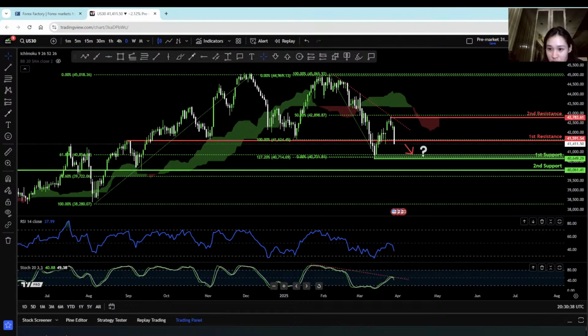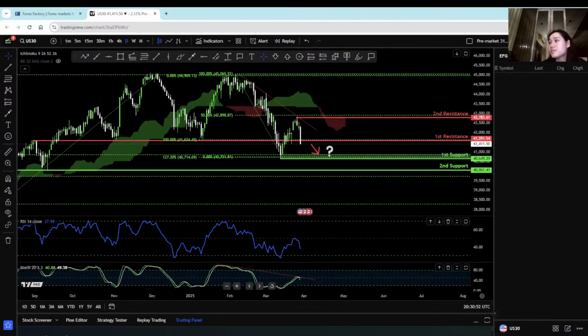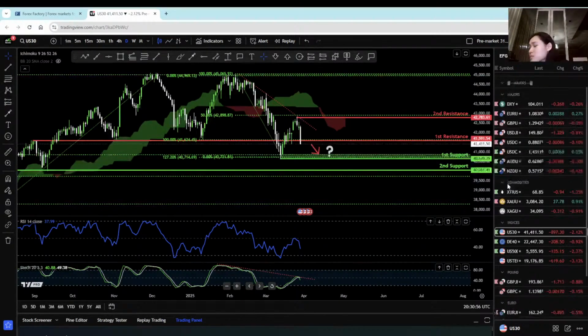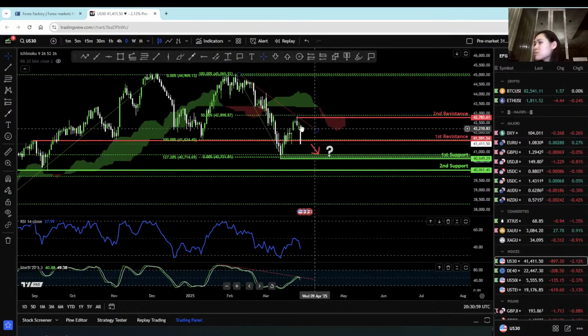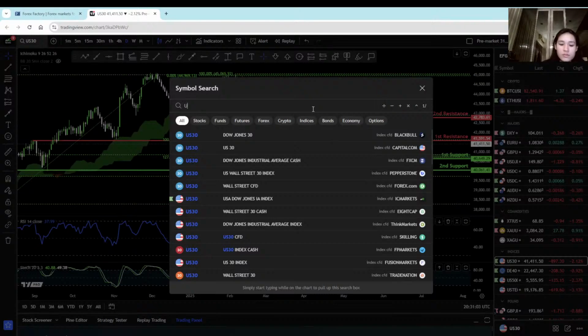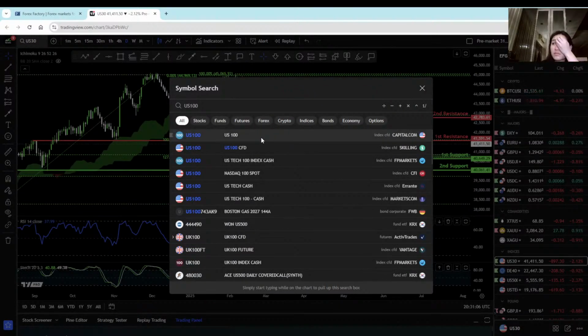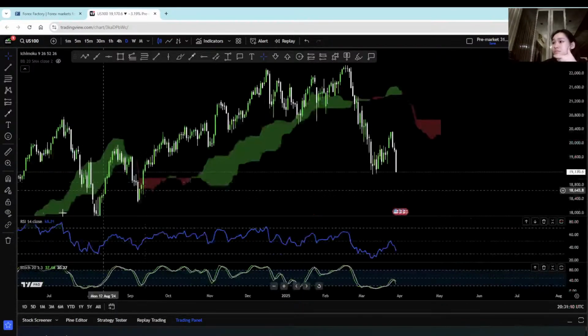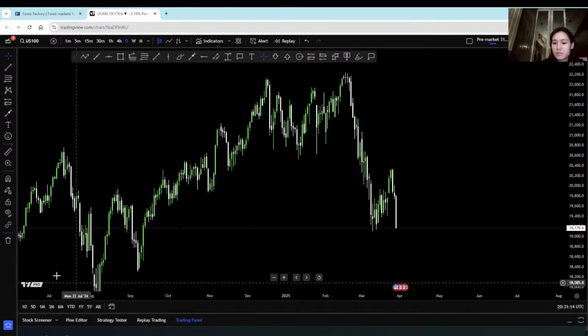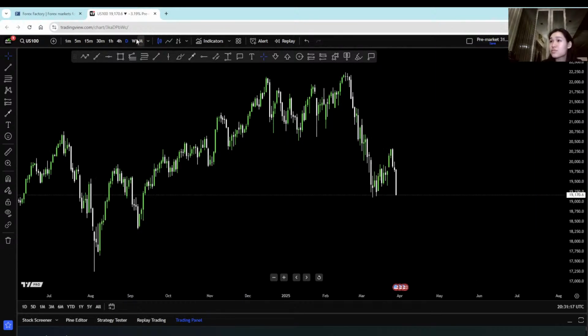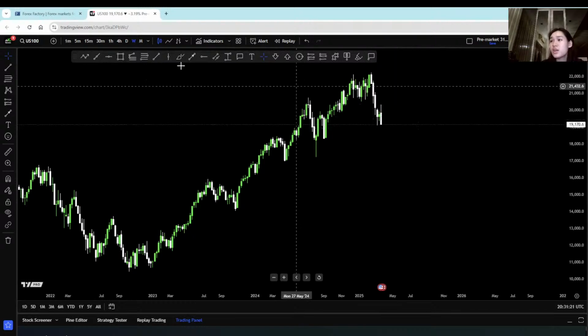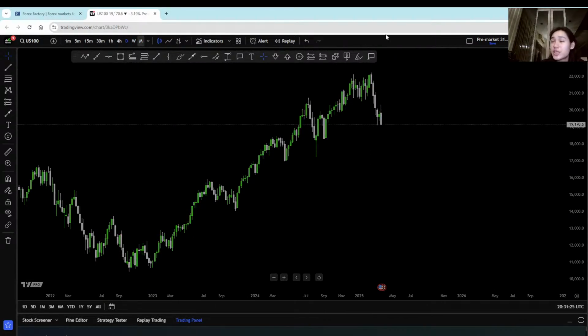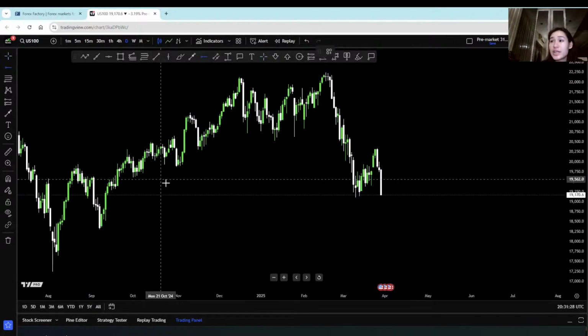Okay, next. Let's look at US 100. Okay, so again we see prices moving in this downtrend on a weekly time frame, and we see that for daily as well.